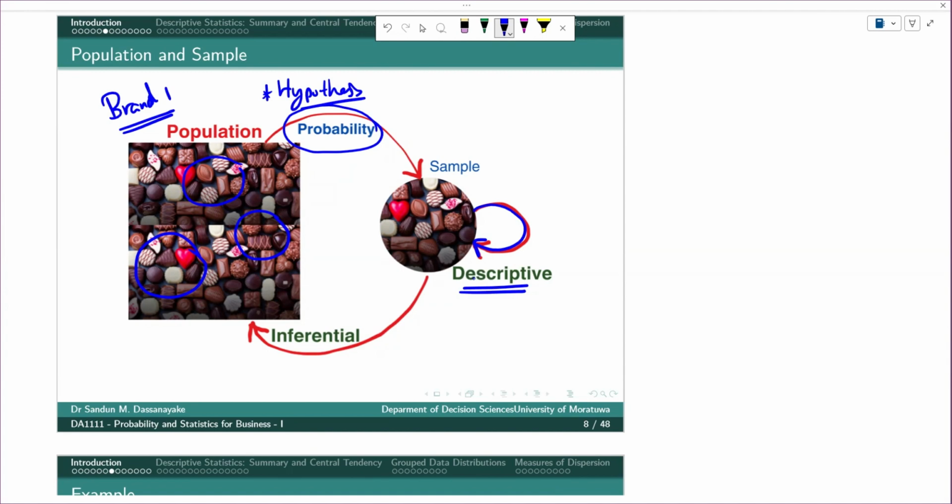And when you infer, you are inferring about this hypothesis, whether the flavor is there, whether the price is there, whether the quality is there. It doesn't matter what, but you need to have a certain hypothesis to test. So that's why we infer. We infer from the descriptive statistics, the statistics that we take from here. That is the circle of descriptive statistics and inferential statistics. It goes like that.